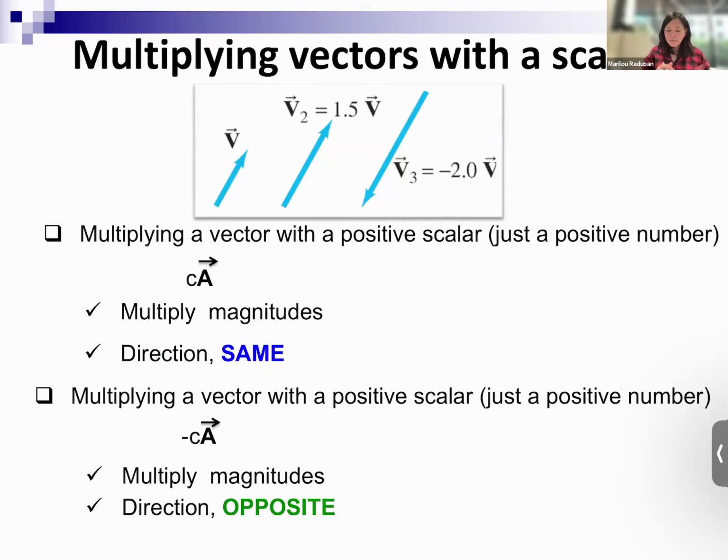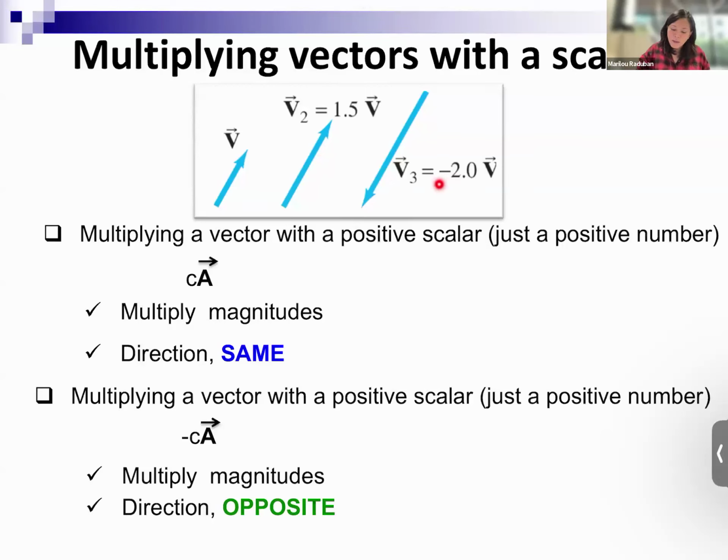When we multiply a number to a vector, if the number is positive, then the direction of the vector remains the same and only the length of the vector changes, as illustrated in this figure here.